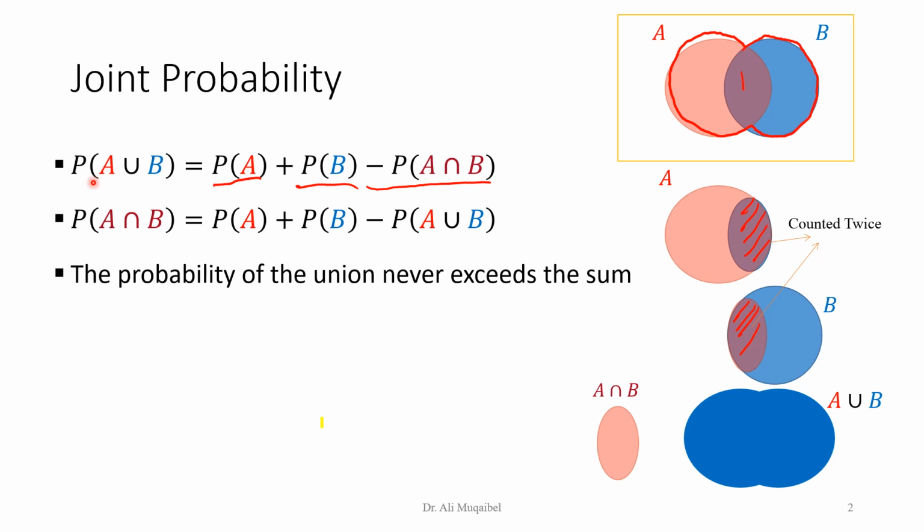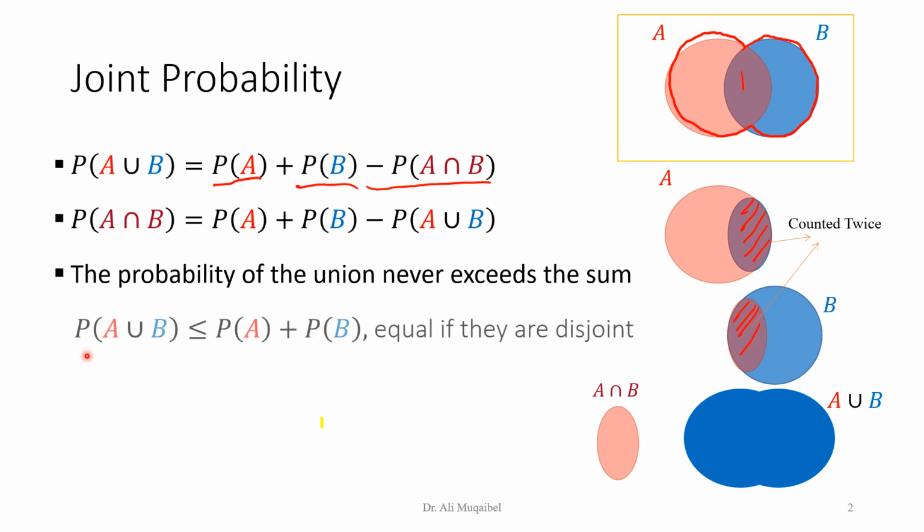Now, we see from these equations that the probability of the union never exceeds the sum, because this is a positive quantity. If you subtract a positive quantity, the maximum you can get is the probability of A plus the probability of B. We can write this mathematically as the probability of A union B is always less than or equal to the sum, because we have dropped this positive term.